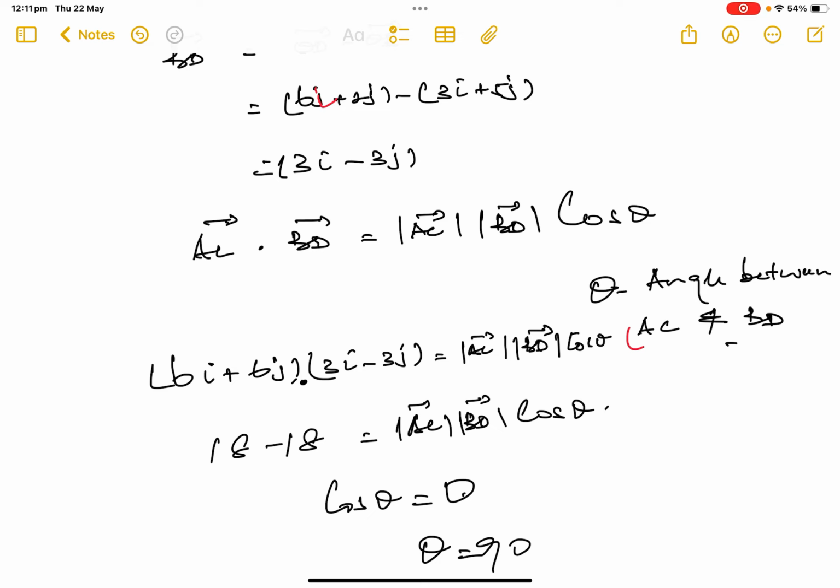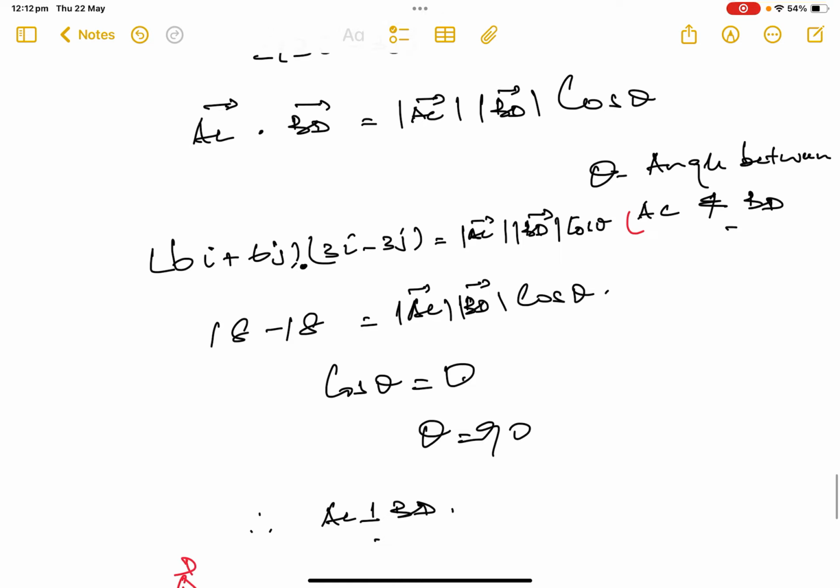Since i and j are perpendicular, 6 times 3 is 18, and 6 times minus 3 is minus 18.